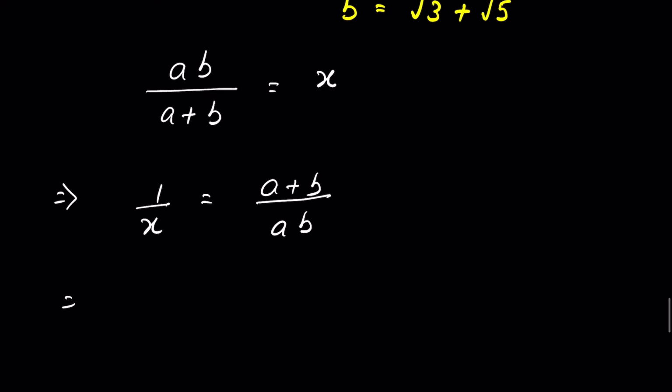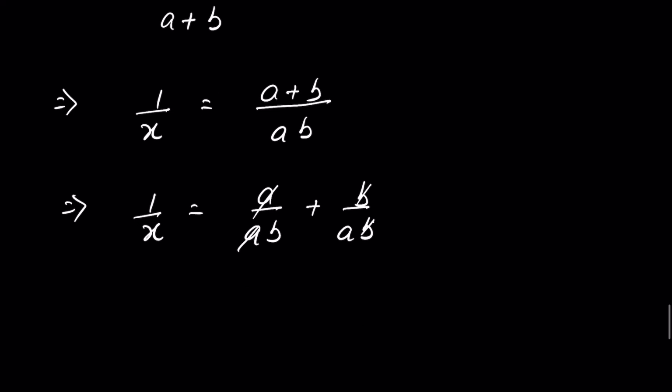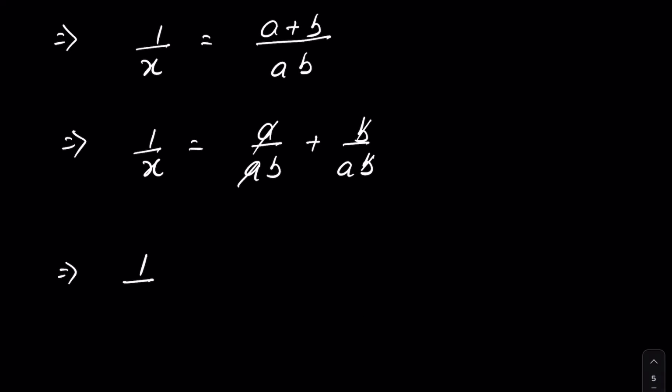So ab is the common denominator. So 1 upon x is equal to a upon ab plus b upon ab. A and a here gets cancelled and b here gets cancelled. So we have 1 upon x is equal to 1 upon b plus 1 upon a.